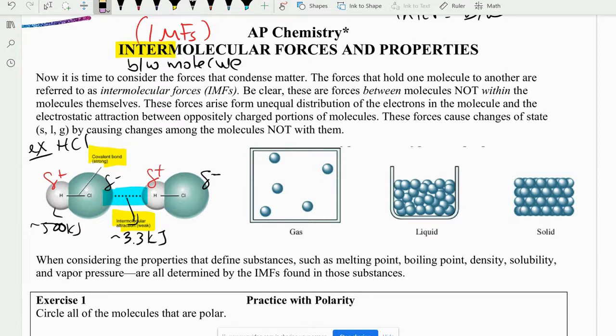So let's talk about maybe gasoline. All of you have smelled gasoline before and probably know exactly what it smells like. Well, gasoline evaporates pretty easily, which is one reason why you can smell it when you're pumping gas into your car. Gasoline evaporates much more quickly than, say, water.